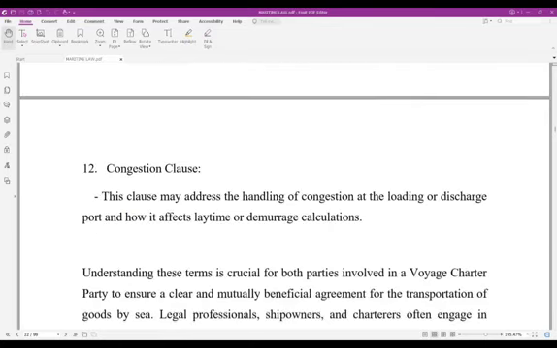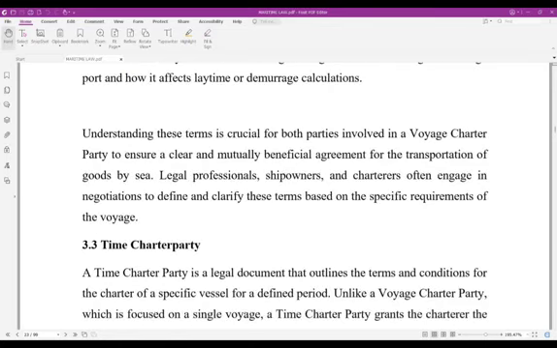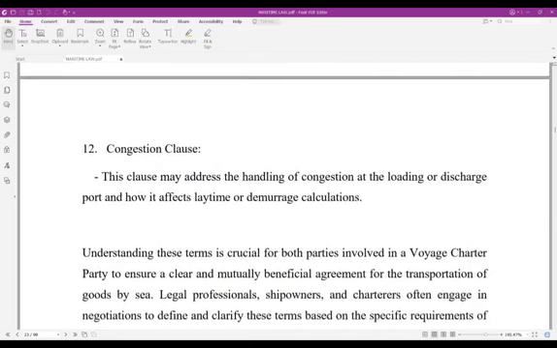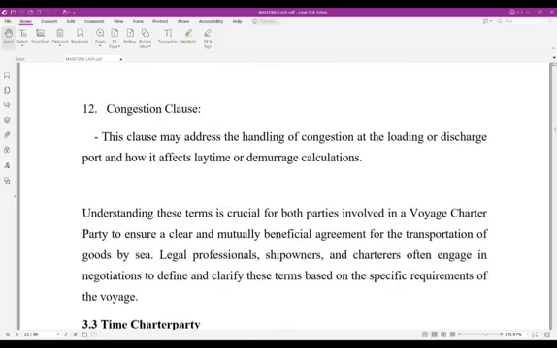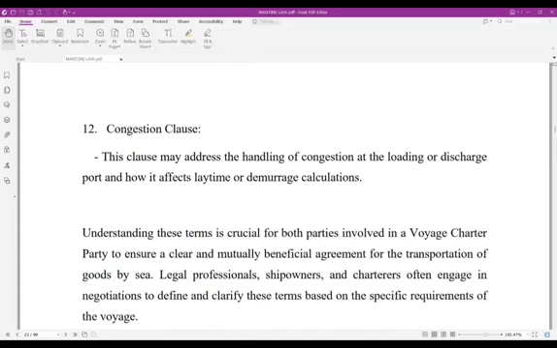The congestion clause. This clause may address the handling of congestion at the loading or discharge port and how it affects laytime or demurrage calculations.